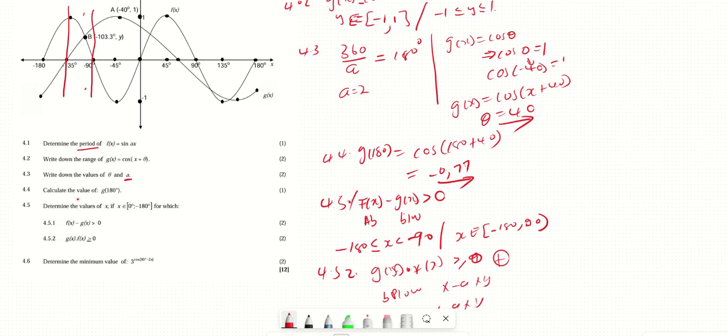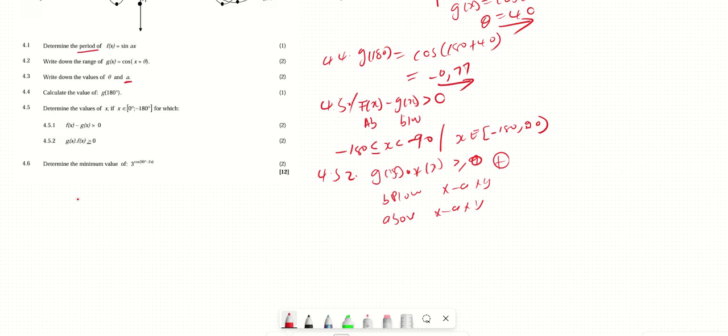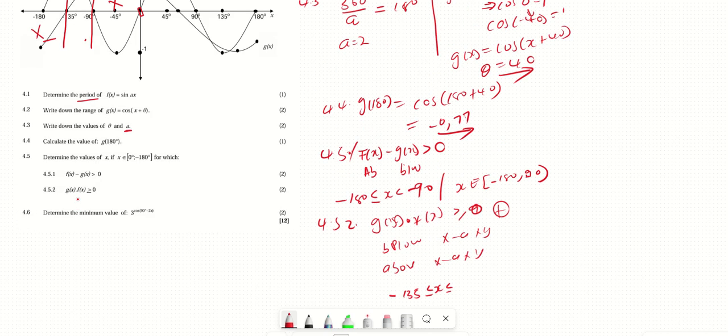On this side, one is above, one is below, so it doesn't qualify. On this side, starting from here going this way, one is above, one is below, doesn't qualify. But in between these, we can see that all of them are above. So what do we do? We can go from 135 ≤ x ≤ the other x-intercept, -90 degrees.